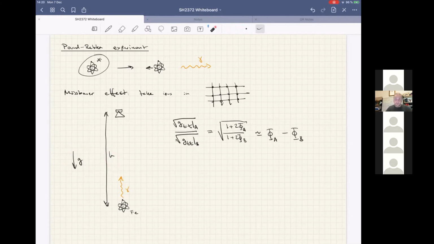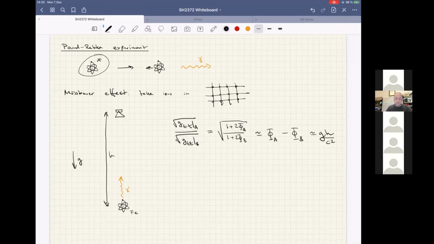So that's the difference in gravitational potential. It's going to be approximately equal to gh. And if you want to insert the speed of light again to get the correct units, it's gh over c squared.